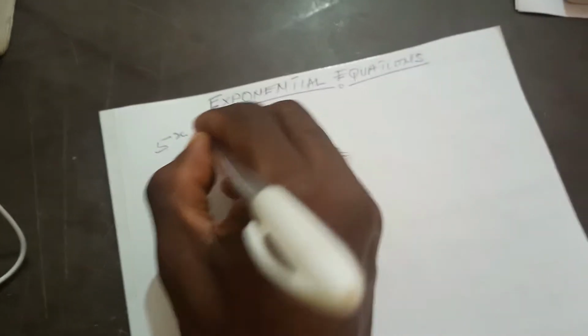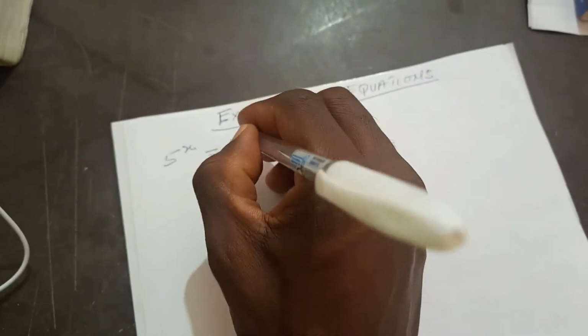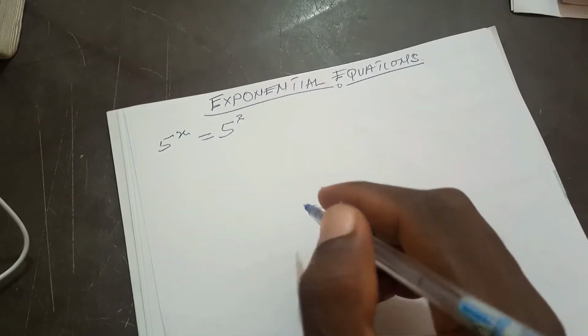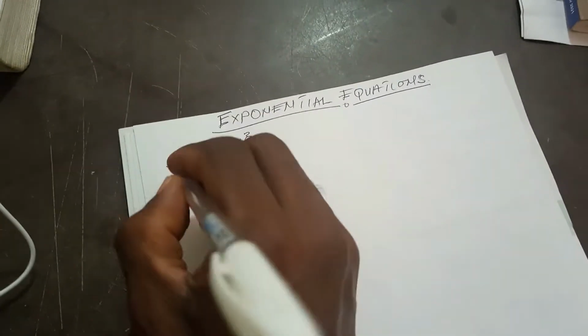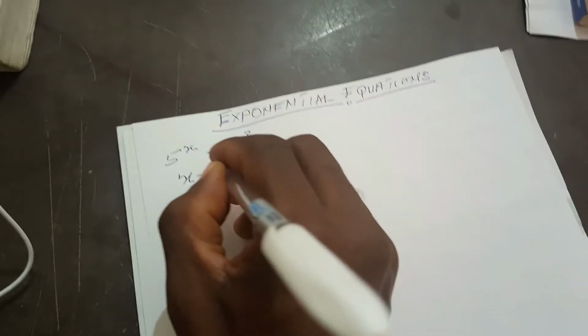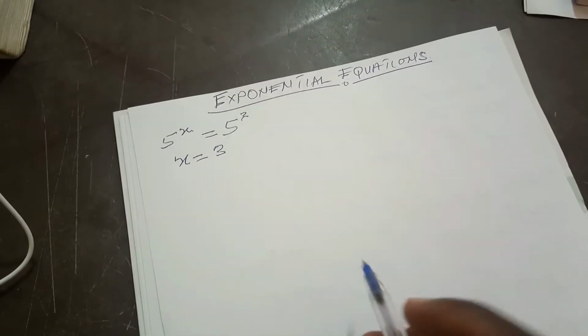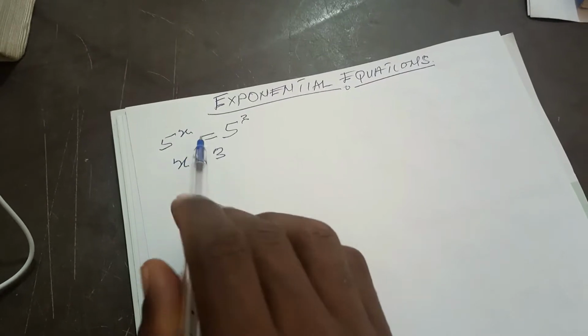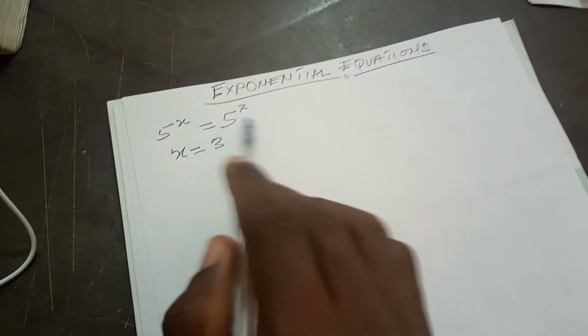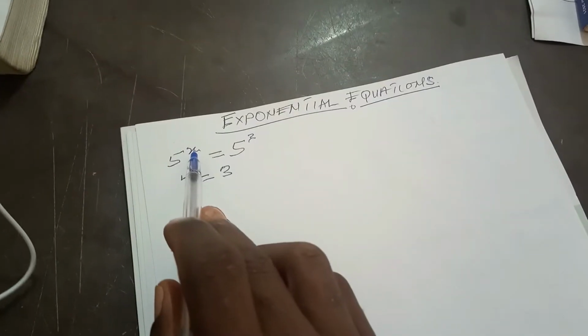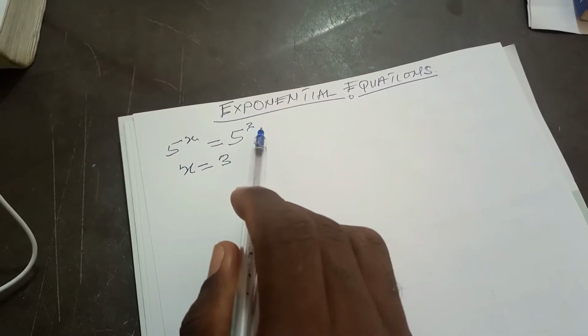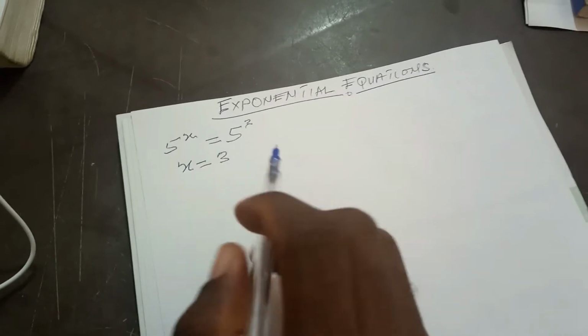For example, if we have 5 exponent x being equal to 5 exponent 3, then we'll say that the value of x is 3, because for what is at the left hand side to be equal to what is at the right hand side, the x here must be equal to 3, because they have the same base.